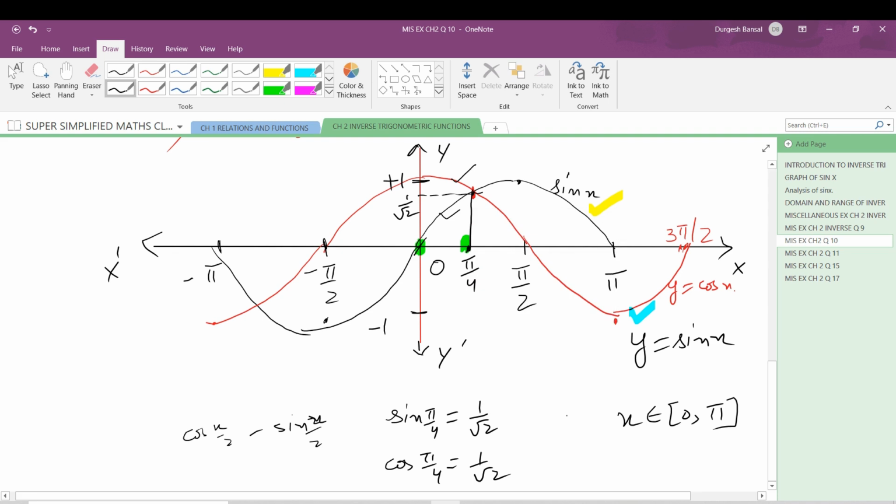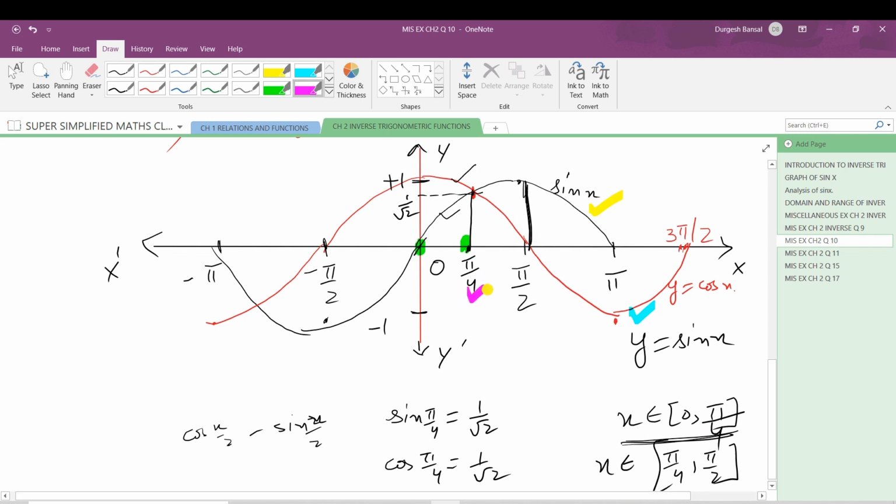Okay. Now suppose the interval had been pi by 4 to pi by 2. Sometimes the interval is given to you to be pi by 4 to pi by 2, so you have to study the behavior of the two graphs in this range also.